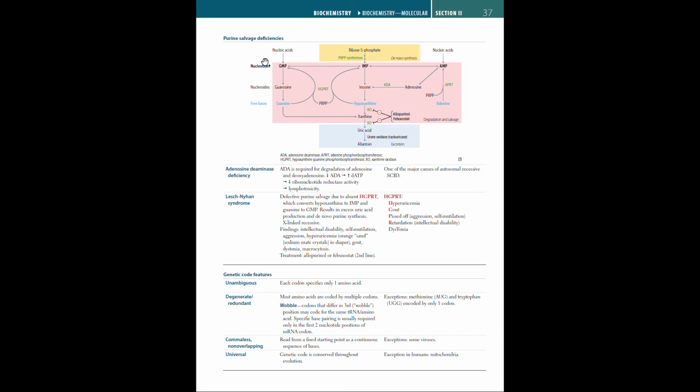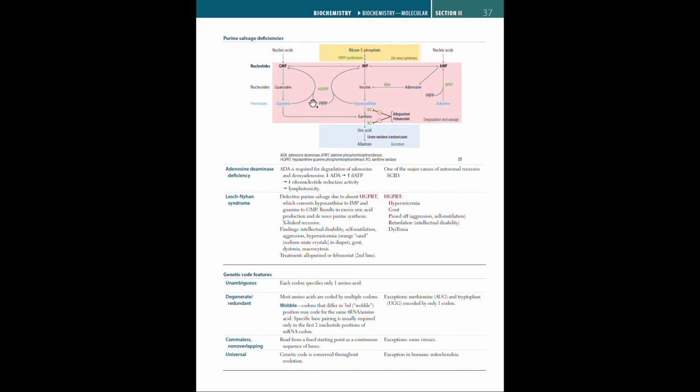So this one is purine salvage deficiency. When there is congenital deficiency of purine salvage, this is a flow chart where you can see the nucleic acid GMP goes to guanosine, which is a nucleoside, and then it becomes the free base guanine.